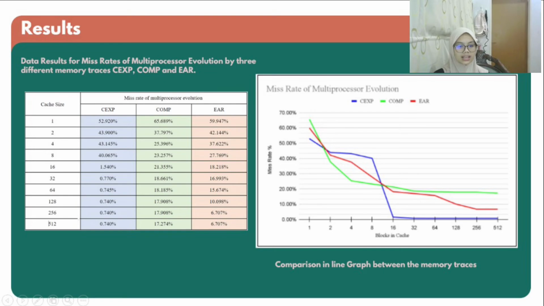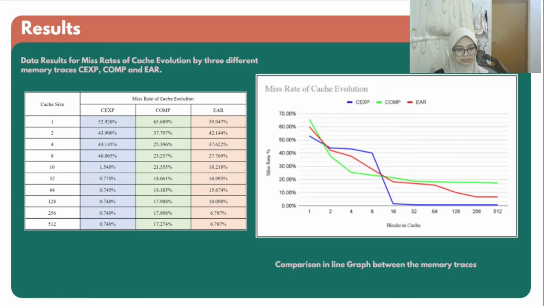17.908% when the cache size reached 128 and 256, after which it dropped to 17.274% when the cache size is 512. And for EAR, as the cache size reached 256 and 512, the miss rate is consistent at 6.707%.